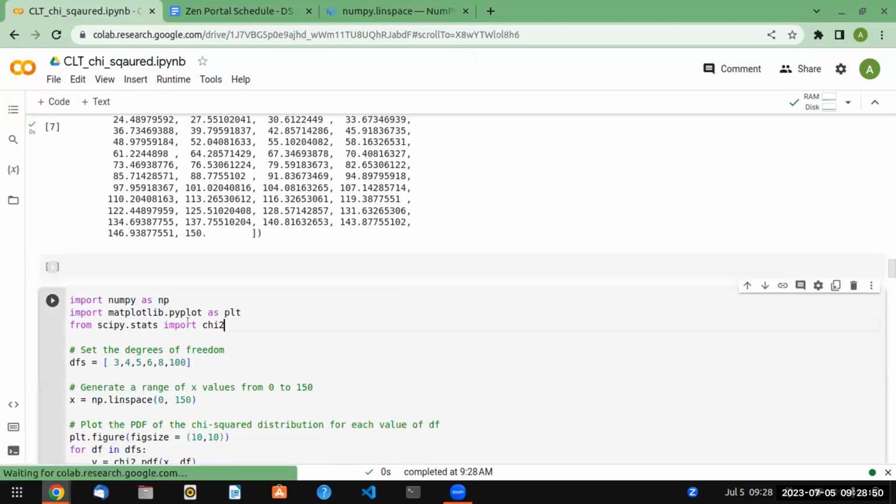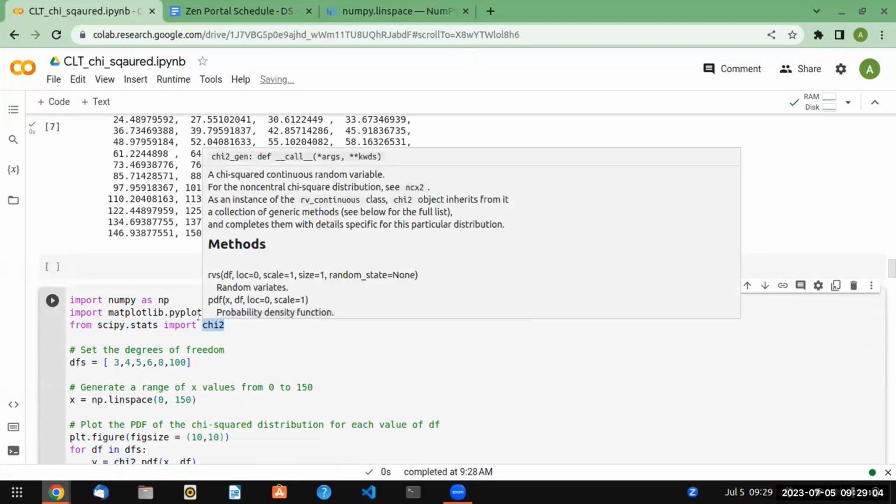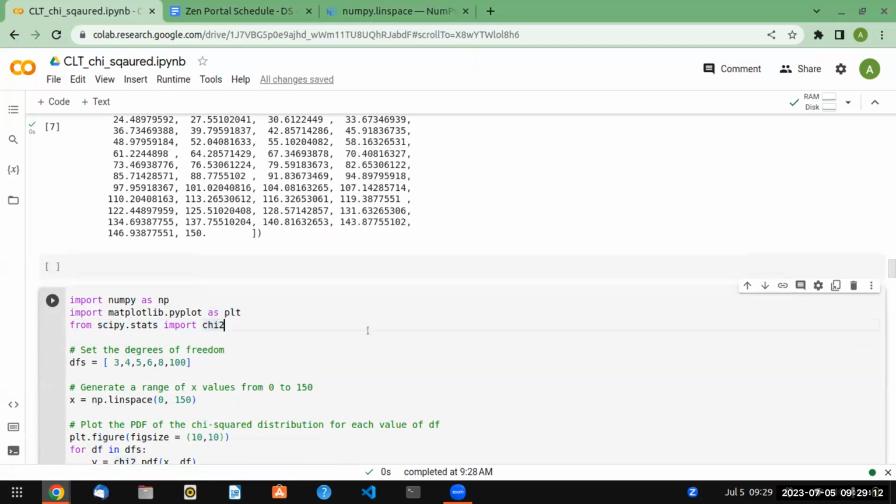Like what we did: SciPy is a package which contains all the classes and methods. Stats is also one type of object. From stats we are importing another function called chi2. And this chi2 function is defined with some keyword arguments. From here we call another function called pdf.